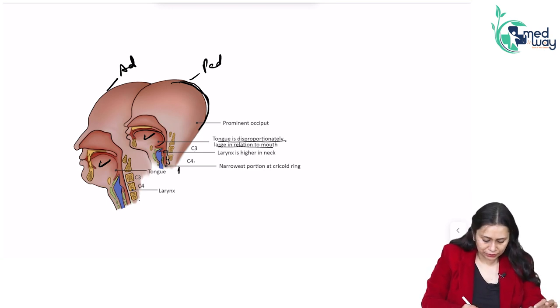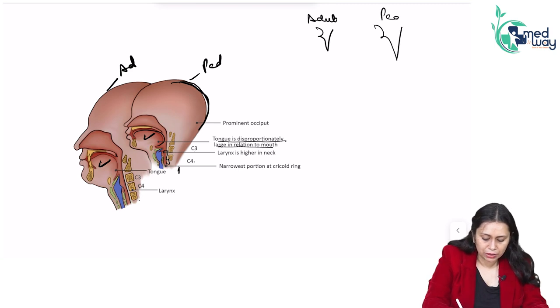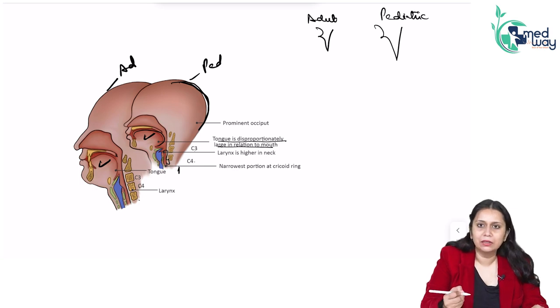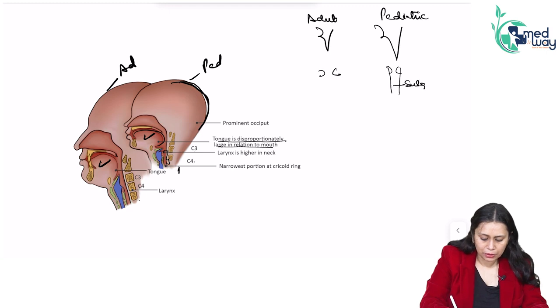Then the epiglottis. The epiglottis of the pediatric patient is longer and leaf-like. If this is the adult epiglottis, this is the epiglottis of a pediatric patient. Longer and leaf-like. And the narrowest part of the adult airway is the glottic opening. But the narrowest part of the pediatric airway is the subglottis. Their airway is mostly funnel shaped, and the adult airway is cylindrical.